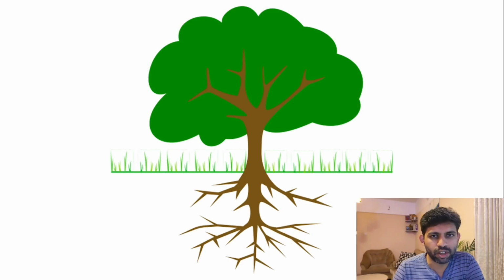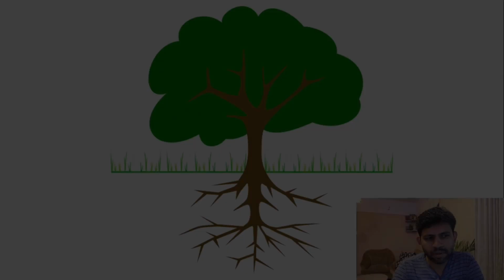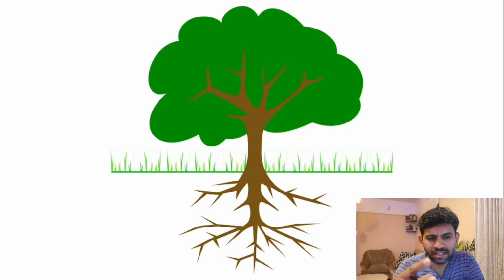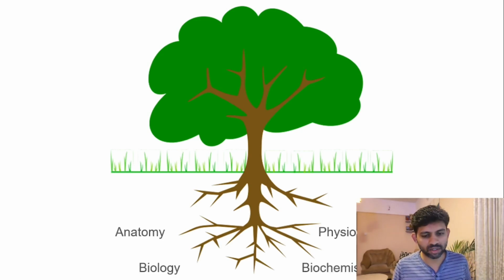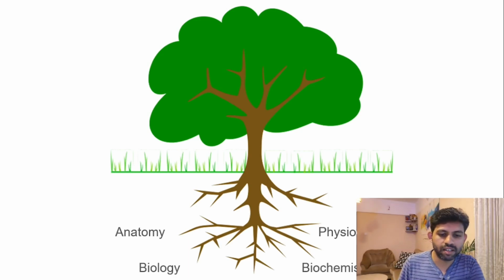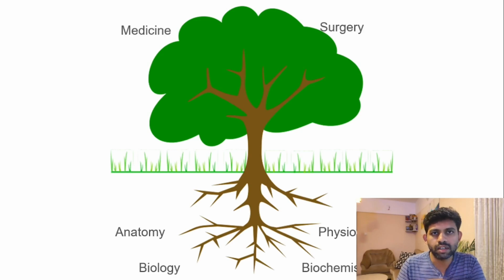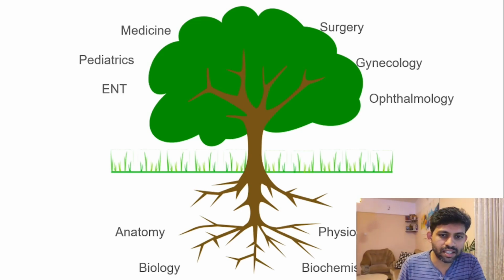What exactly is pathology? If we look at biological sciences, medical sciences as a tree, then biology is the basic root of all of this basic science. Then comes the first year subjects which we study, like anatomy, physiology, and biochemistry. Then, if we look at the broad clinical subjects like medicine, surgery, along with that, pediatrics, gynecology, ENT, ophthalmology, all of these things, and all other clinical specialties.